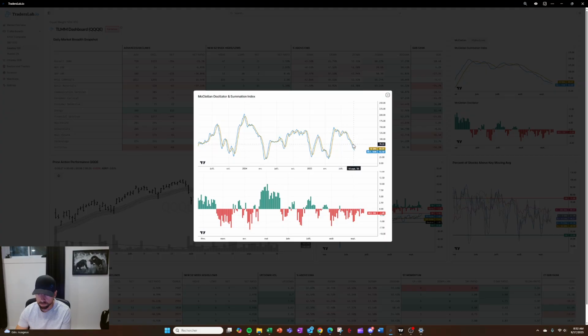So the ultimate confirmation that we have a good market will come from a hookup and a new uptrend on the McClellan Summation. Until then, the market remains at risk, especially if price cannot confirm that uptrend above the daily structure.